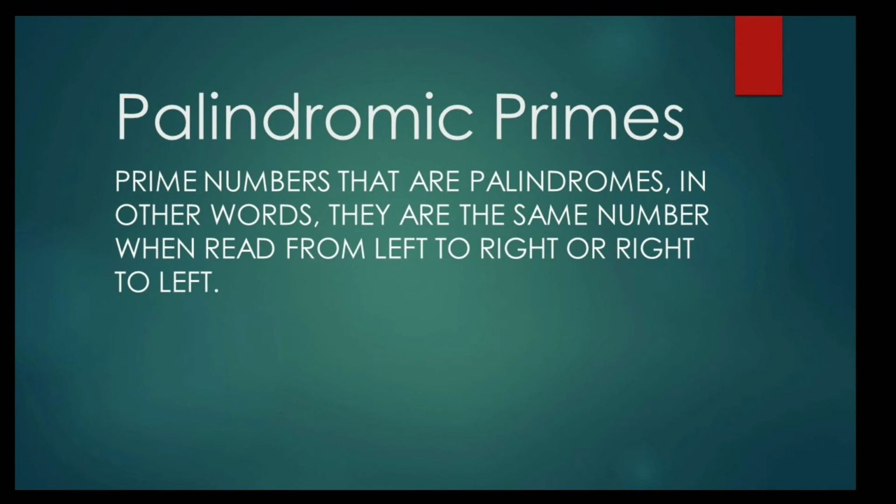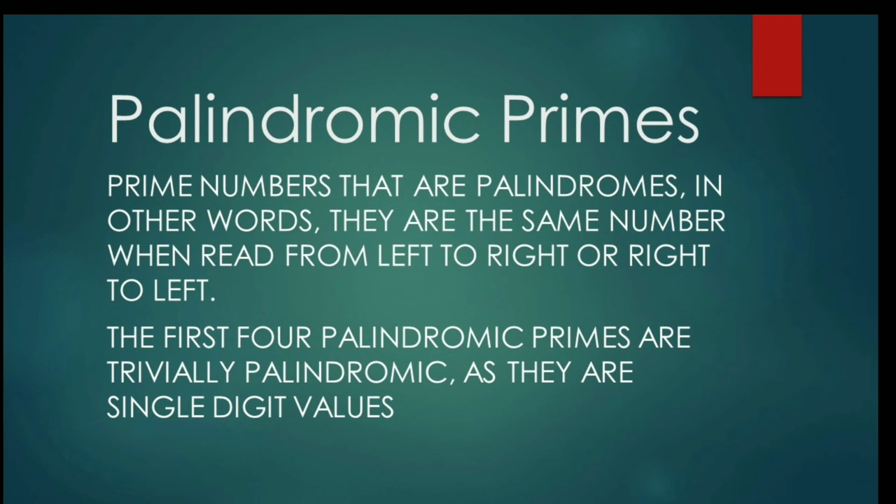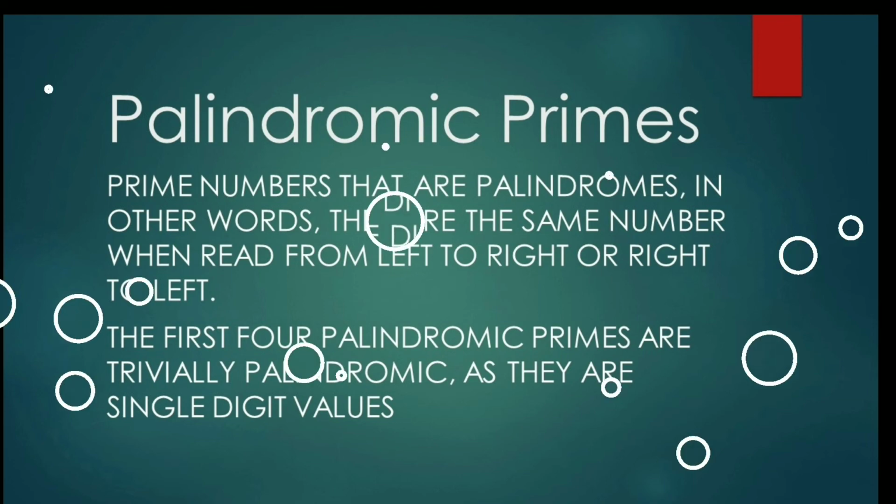Palindromic primes are prime numbers that are palindromes, or in other words, they are the same number when read from left to right or right to left. The first four palindromic primes are trivially palindromic, as they are single-digit values.